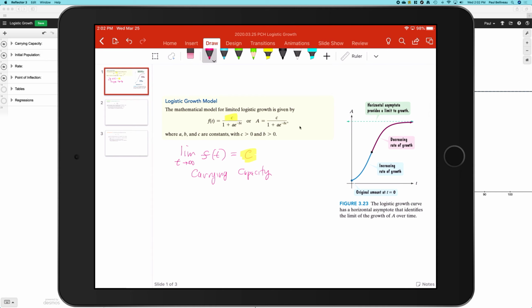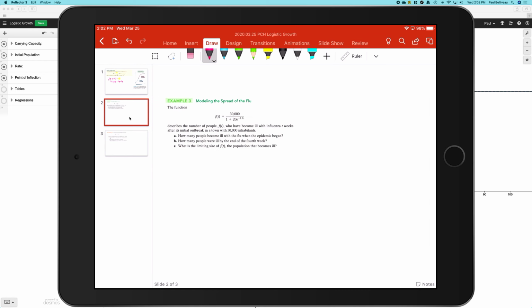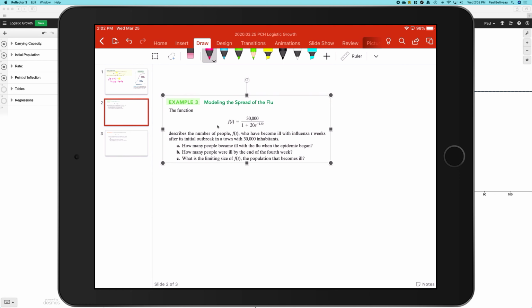So let's jump right into an example. And for this example, let's use one of these logistic equations. Okay. This function, let's make that a little bit bigger, see if that's easier to read.